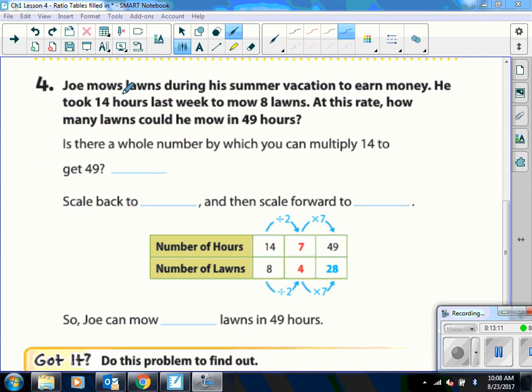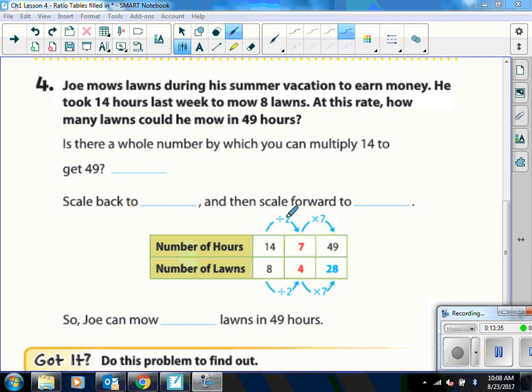All right, example 4. Joe mows lawns during his summer vacation to earn money. He took 14 hours last week to mow 8 lawns. At this rate, how many lawns would he mow in 49 hours? So down here, you can see we can't get from 14 to 49 directly, right? So we're going to have to scale back.